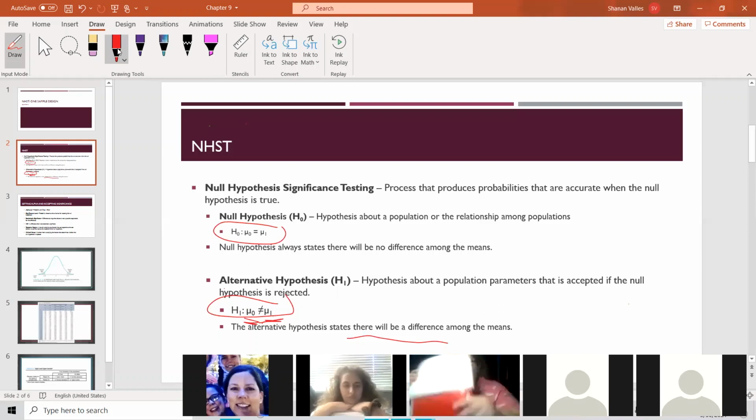Of course, the researcher thinks there's going to be a difference, or else they're not going to do the research. Okay, the people at Pfizer and Moderna, they believed that their vaccine would cause a difference in your ability or lack of ability to contract the coronavirus. Okay, so now we know the null hypothesis is out there. He's sort of theoretical.